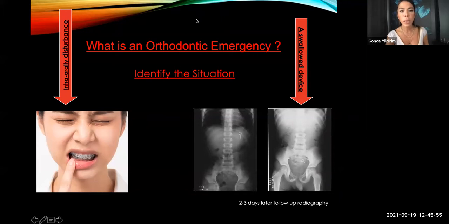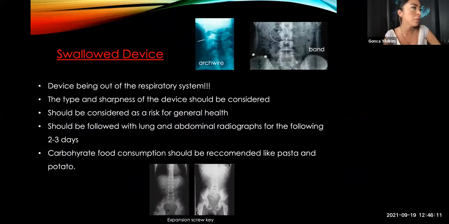First of all, we need to identify what is an emergency in orthodontics. For example, is it an intraoral disturbance that makes the patient feel bad, or is there something swallowed by the patient? If there's a swallowed device like an expansion screw key, arch wire or a band, first of all, we need to be sure that the device is out of the respiratory system.